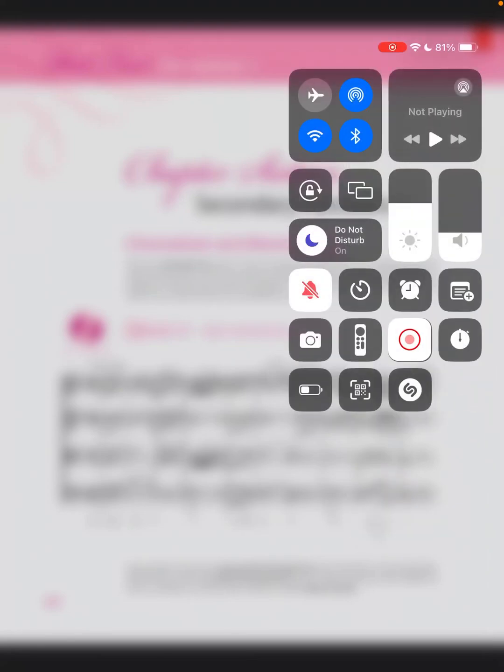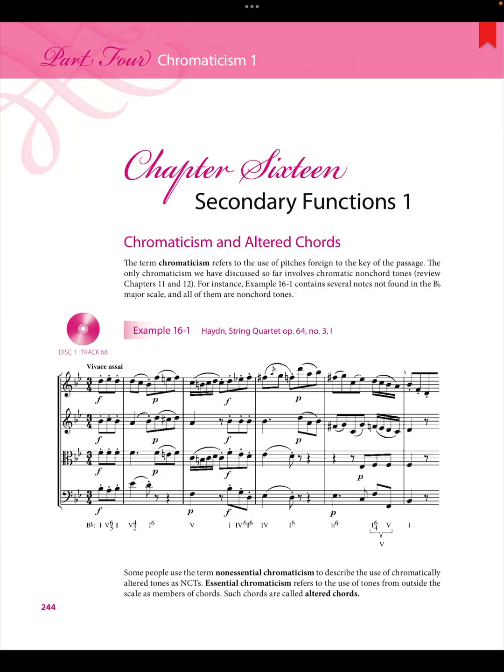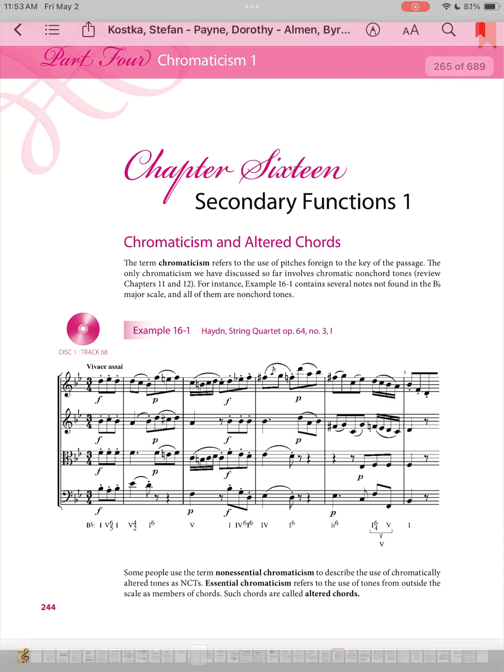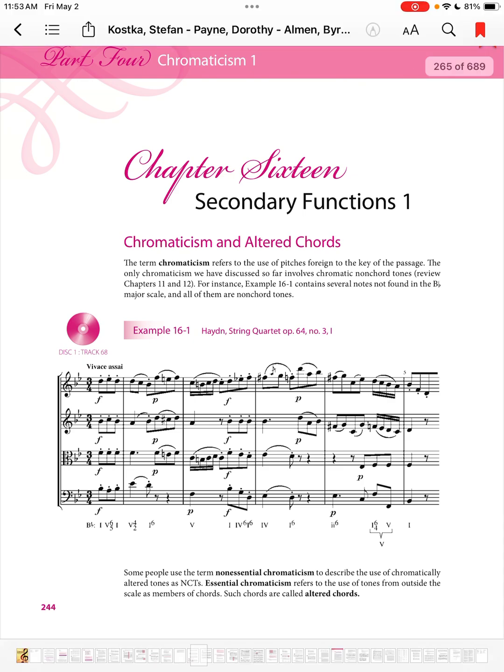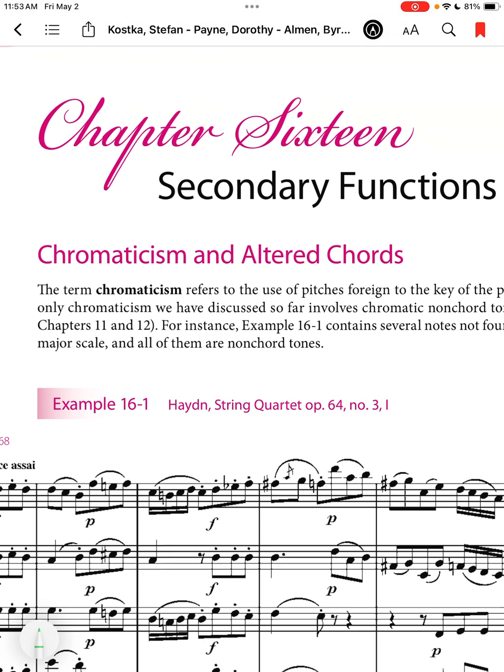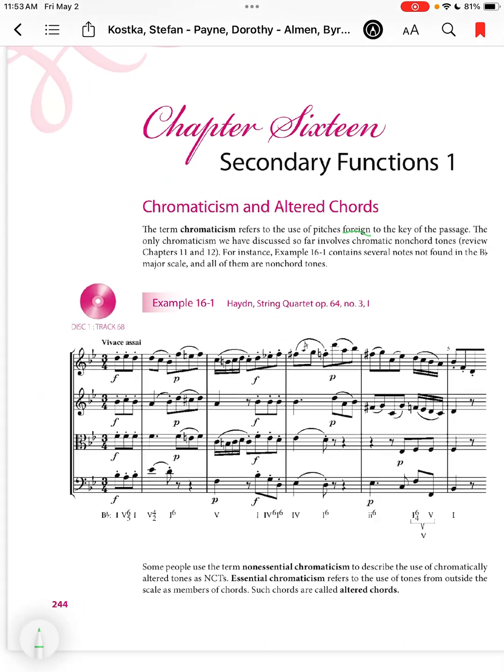Okay, secondary functions is going to be the fun part today. Chromaticism and altered chords. Okay. So you must really know, and I'm going to make it as short as I can, that chromaticism is foreign pitches that are not necessarily related.